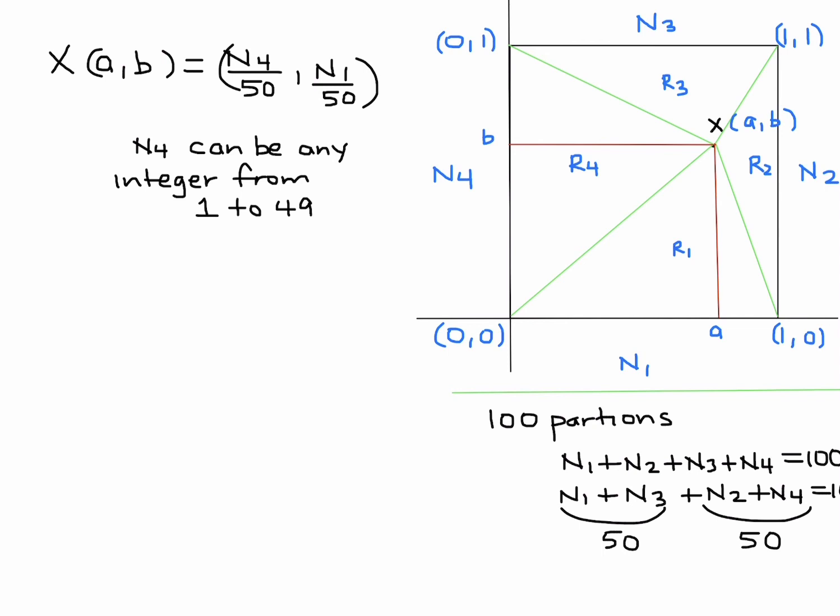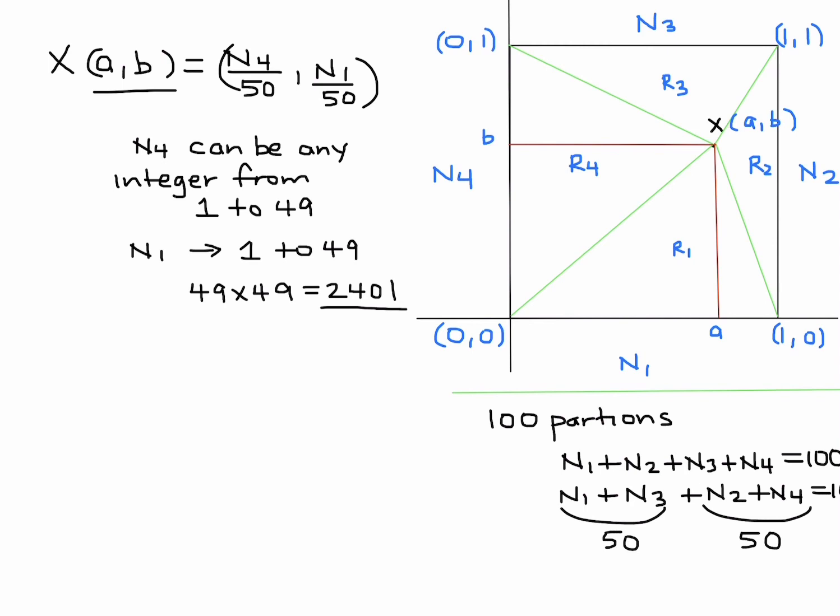So for n4, I have 1 to 49 choices, and similarly, I also have 1 to 49 as my choices for n1, for the same reasons. So there are 49 possible choices for n4 and 49 for n1. So 49 times 49, which is 2401, is the number of ordered pairs AB.